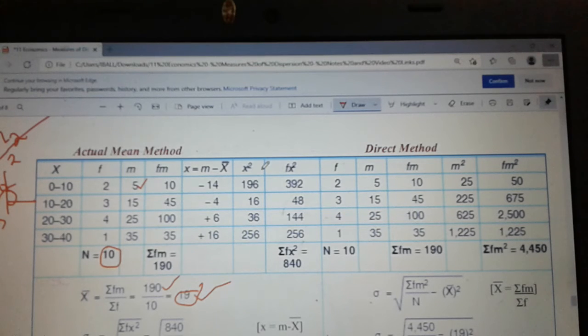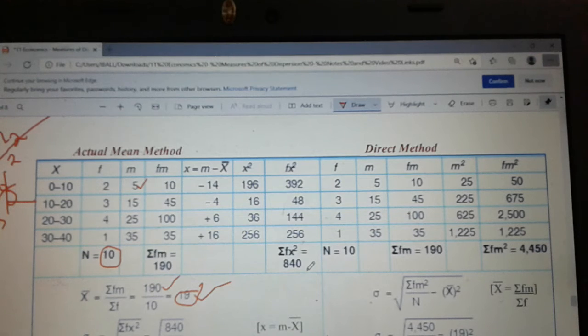And then you have to find f into x square, because in the actual mean method the standard deviation formula needs root of summation fx square by n. Fx square means frequency into x square. So 2 into 196 is 392, 3 into 16 is 48, 4 into 36 is 144, and 1 into 256 is 256.